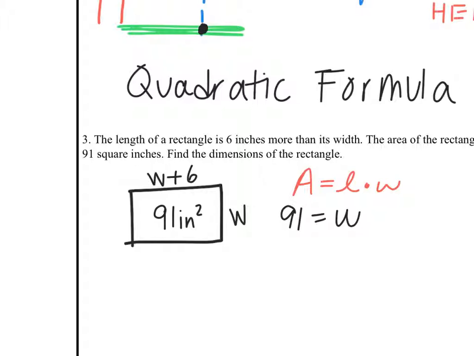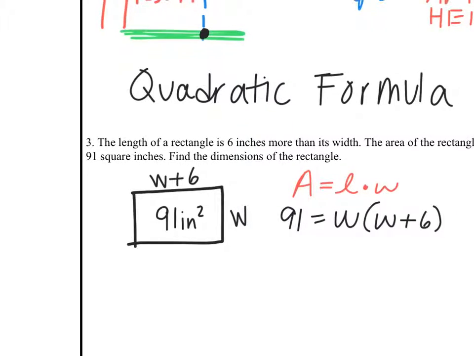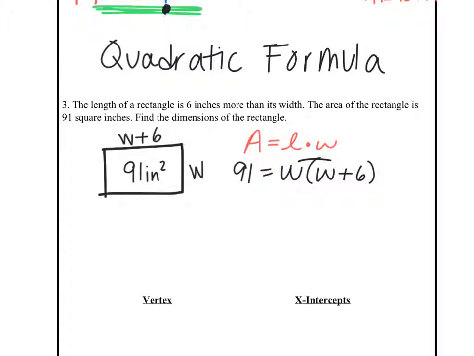Because one of these has 2 terms, it needs to go in parentheses. You're taking your 2 and multiplying them together. That's not really an equation that you can solve right now. So you need to distribute. And get 91 equals W squared plus 6W.